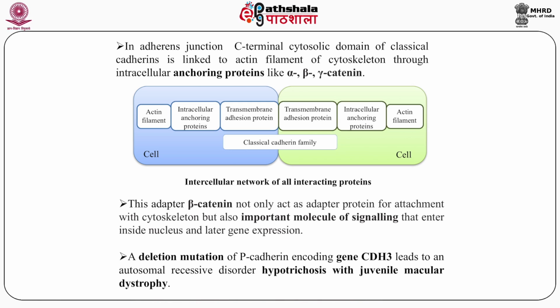These interactions are important for strong cell adhesion, as disruption of adapter proteins will dramatically decrease cadherin-mediated cell-to-cell adhesion. The adapter beta catenin not only acts as an adapter protein for attachment with the cytoskeleton, but is also an important signaling molecule that enters the nucleus and alters gene expression.